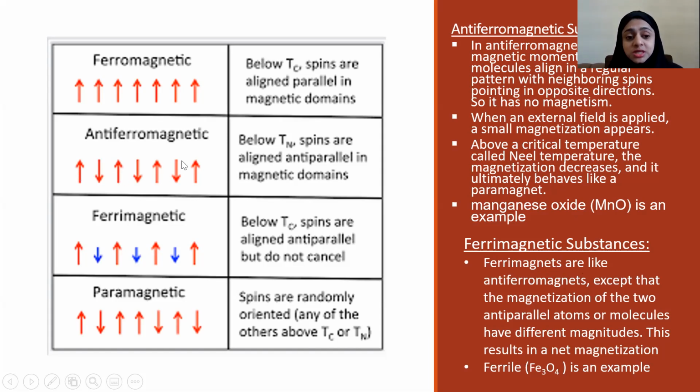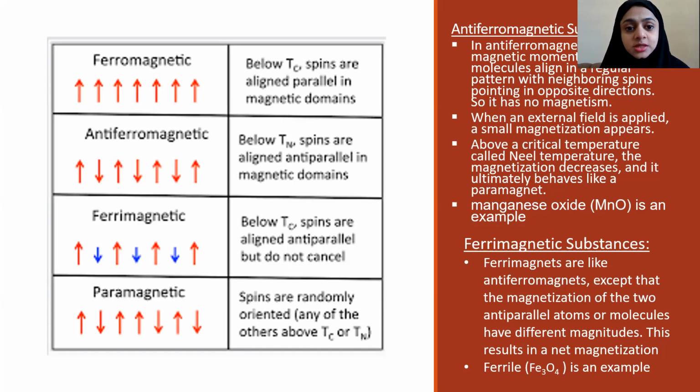The neighboring ones exist anti-parallel, so there is no net magnetization. And in ferrimagnetic substances, they are aligned anti-parallel, but the magnitude of magnetization in one direction will be a little less than that in the other direction. So there is a net magnetization. All this is below the critical temperatures.